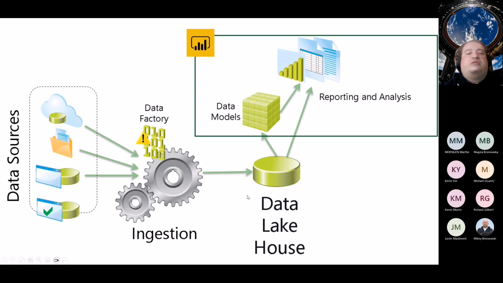So from this single source of truth, from this central point, we generate data models. These data models were known as cubes or semantic models as well. So the idea is to be a subset of all the data in the single source of truth of the company, and to be easy for the end user to understand.